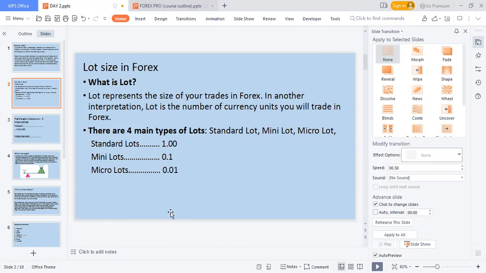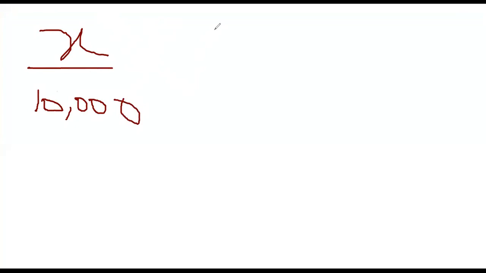So let's proceed. Let me now explain how that can work. Let's say the formula for lot size is x over 10,000. Let's say probably someone like Mr. Emmanuel gives me $100 to trade. So that would be 100 over 10,000.